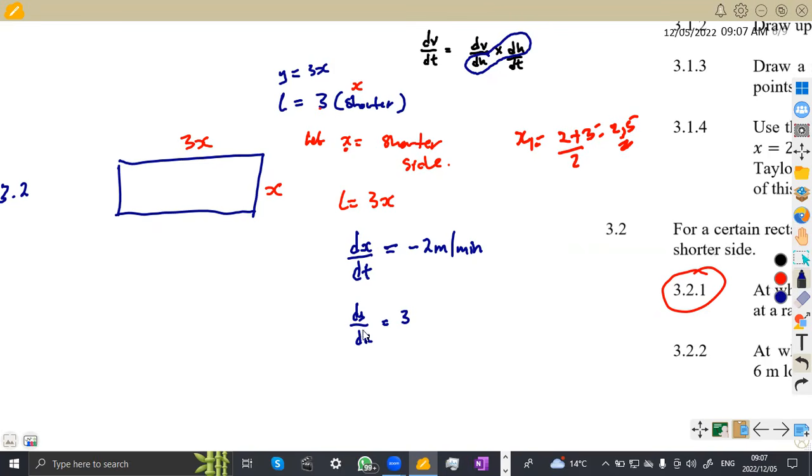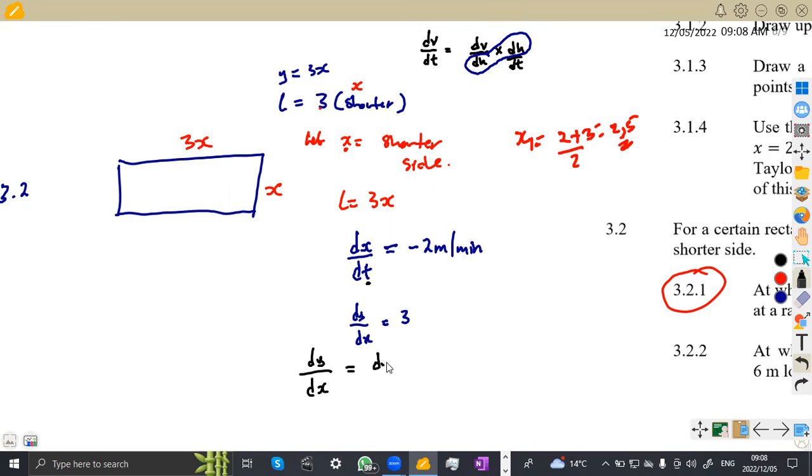So for us to have dx/dt, which is the rate of change of the length with respect to the shorter side, we can write this formula as dy/dx equivalent to, remember, we are referring to time.